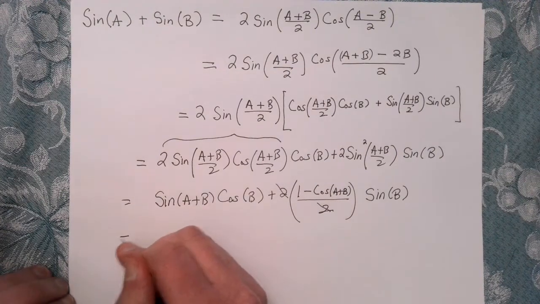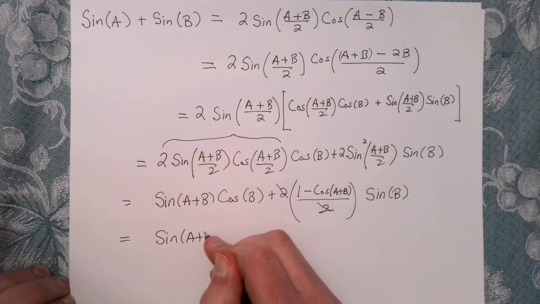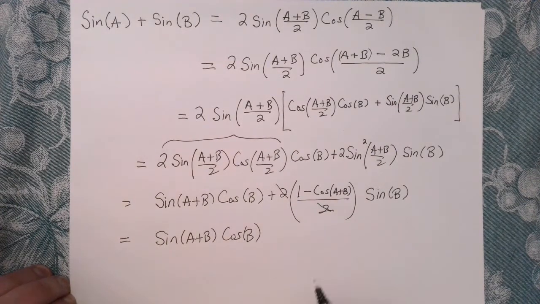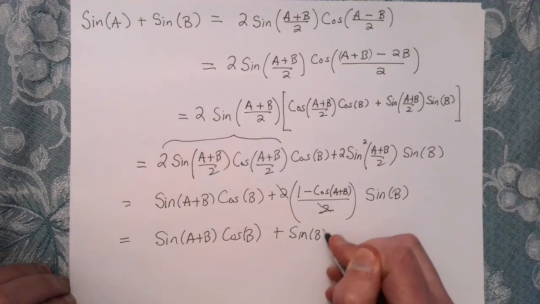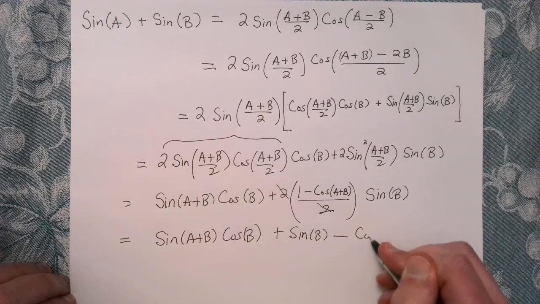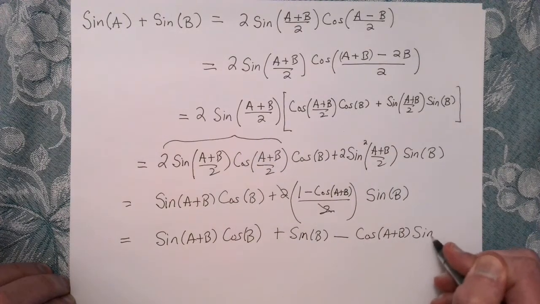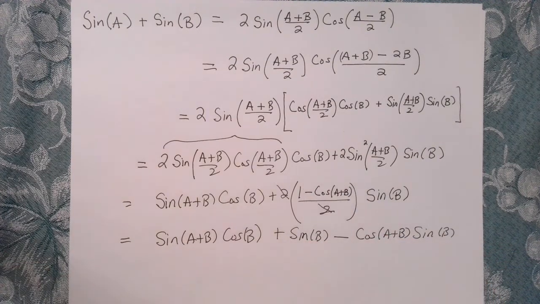So we have sine of a plus b times the cosine of b, plus sine of b minus cosine of a plus b times the sine of b. We just distributed that over both terms.